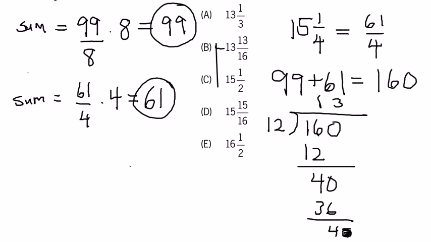Pardon me while I divide for a second. So it's going to go 13 1/3 because we're going to have a remainder of 4. So 13 4/12, which is 13 1/3.